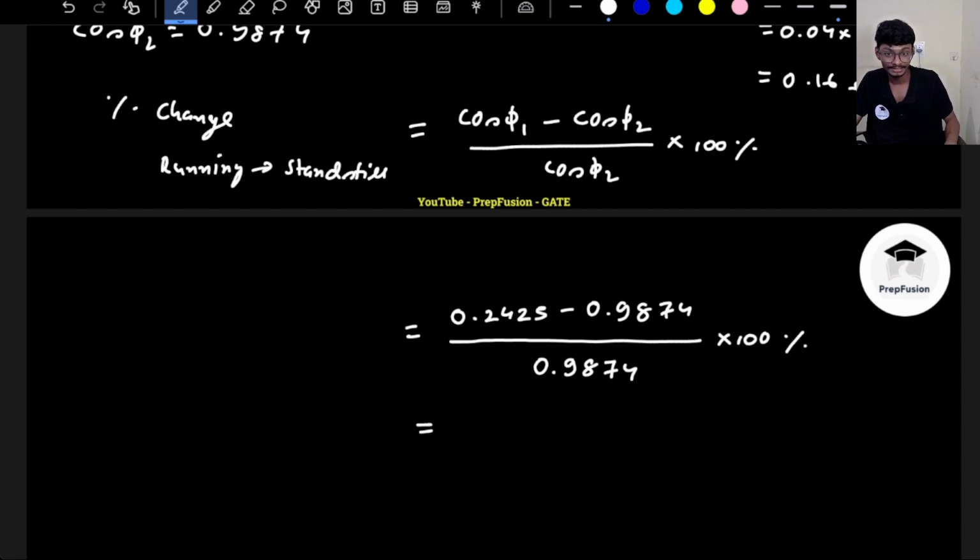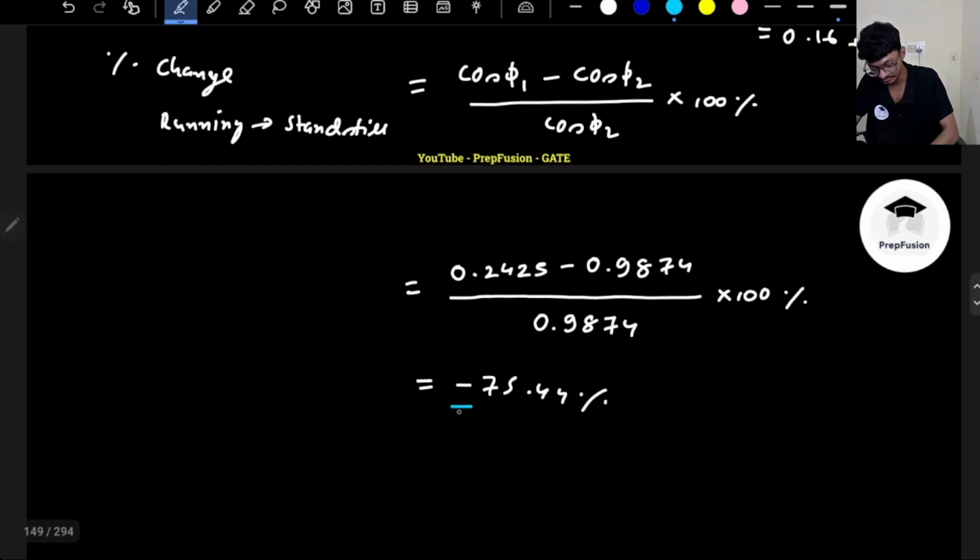It comes out to be minus 75.44 percent. Now the important fact is that negative is coming. Negative signifies reduction, right?